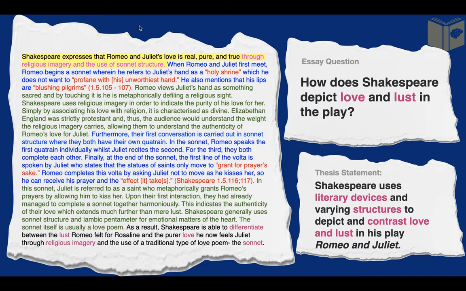This proves what I've said, and it relates everything back to my central claim. I have reworded my paragraph claim, and I've linked it back to the thesis statement and the question. That's perfect. I can use introductory phrases such as as a result, in sum, therefore, thus, in conclusion.